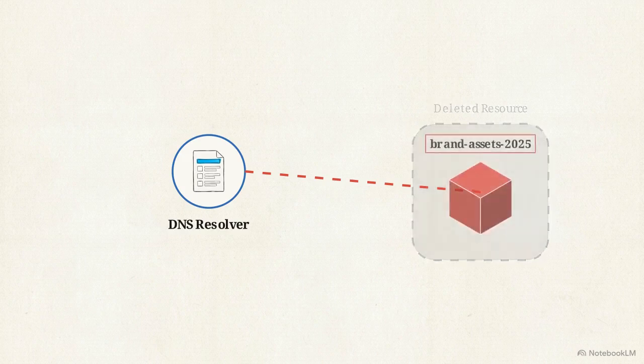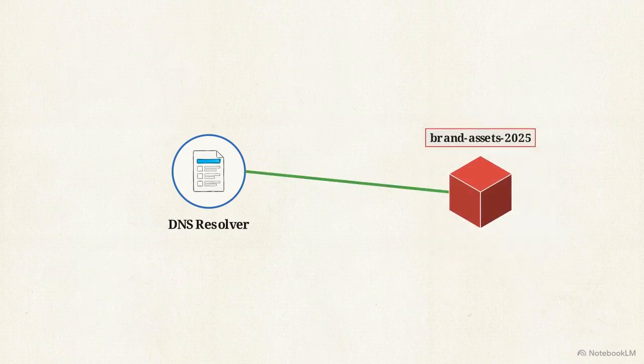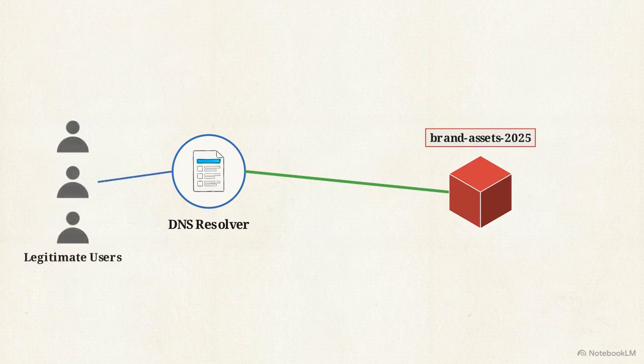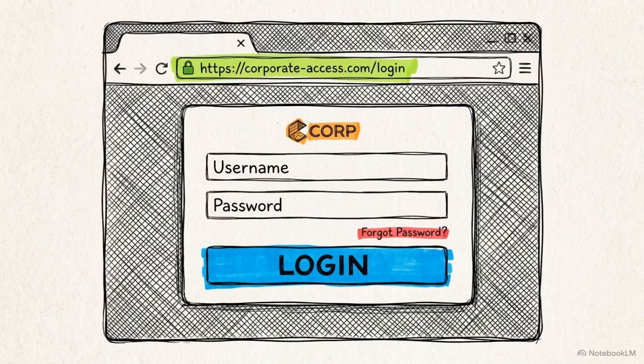The attacker simply provisions a new cloud resource from their own account, requesting the exact global name that was previously abandoned. Because the existing corporate CNAME is still active, the connection immediately snaps to the attacker's newly created bucket. Legitimate user traffic is now seamlessly routed to infrastructure fully controlled by the adversary. The corporate DNS acts as a cryptographic voucher, validating the attacker's infrastructure to every user who visits the site.